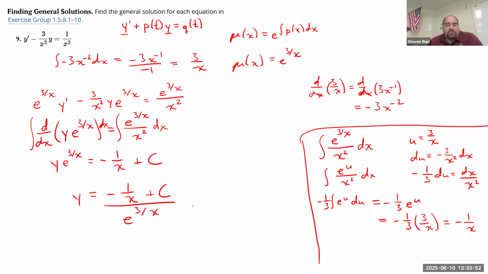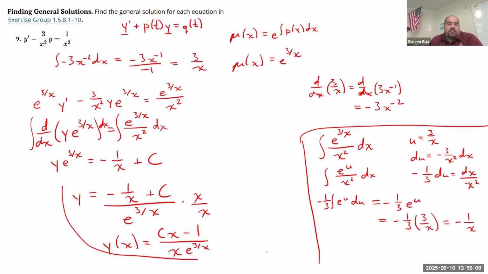So if it does, we can multiply numerator and denominator by x, and that will give us this. y of x equals cx minus 1 over x e to the 3 over x. So either one of these is perfectly acceptable, or anything else you have which might be equivalent.